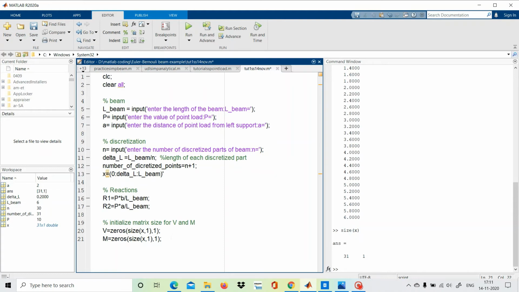Now enter. We will go to the section part. Before that we want shear force and bending moment.